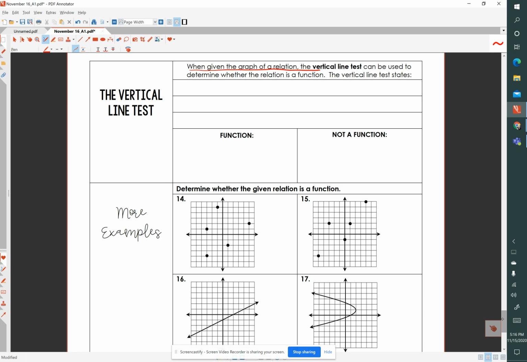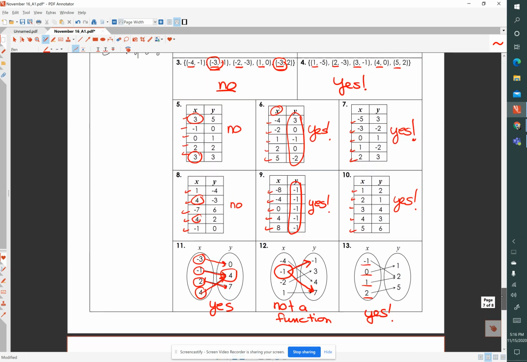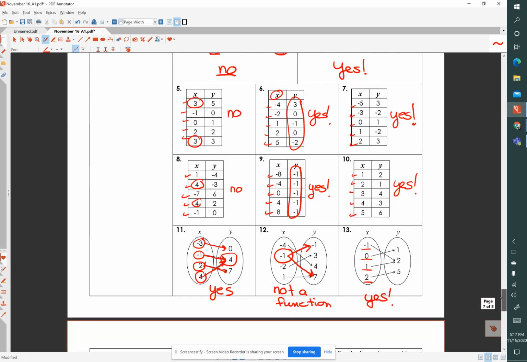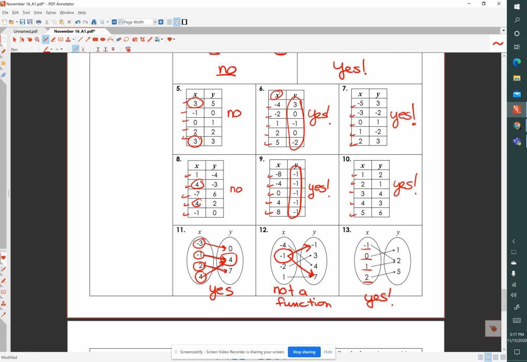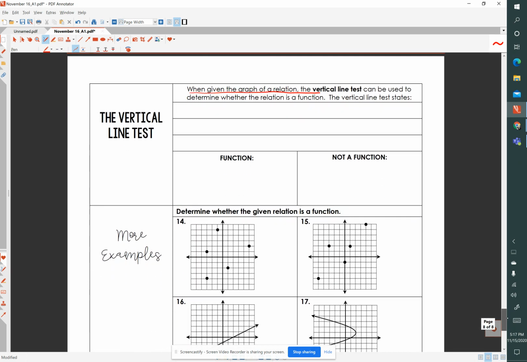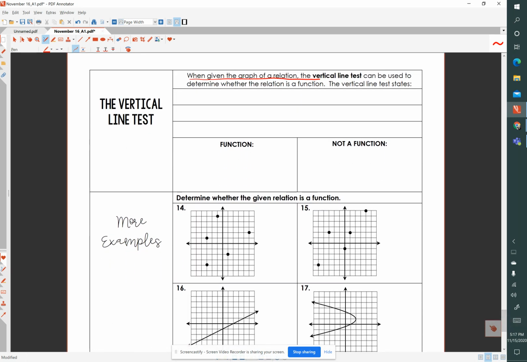We answered that question when we looked at these problems: we only have one domain value with a distinct range value. And that's how we get the vertical line test in the graph, which you'll see in a minute. So when given a graph of a relation, the vertical line test can be used to determine whether the relation is a function. The vertical line test states that if a vertical line intersects a graph more than once, it is not a function.